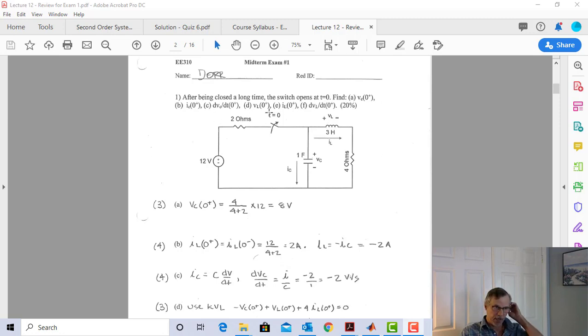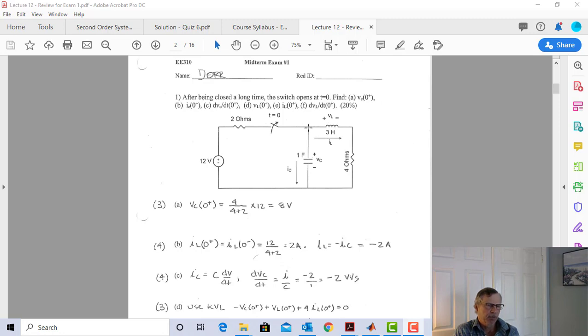Now I want to find VL at 0 plus. Well, I know that I can change the voltage across that inductor quickly, and I know that this voltage isn't going to change at 0 plus. So remember, I want V sub L, VL at 0 plus.